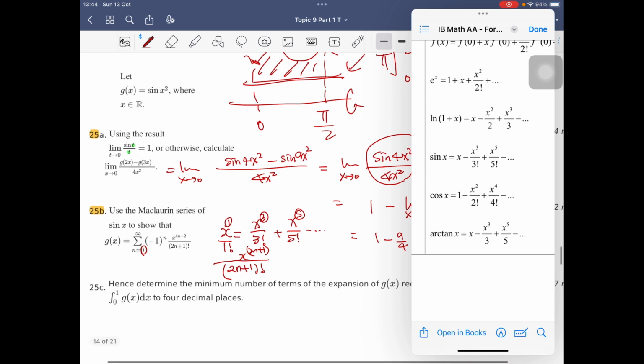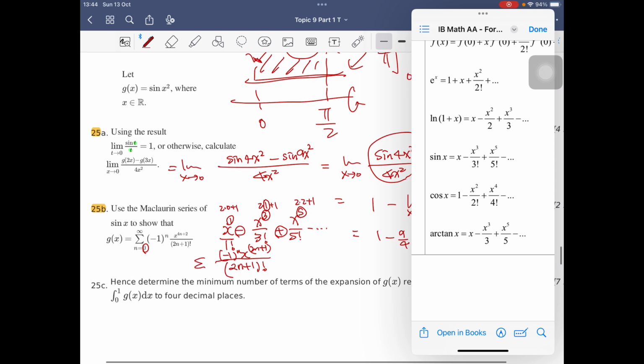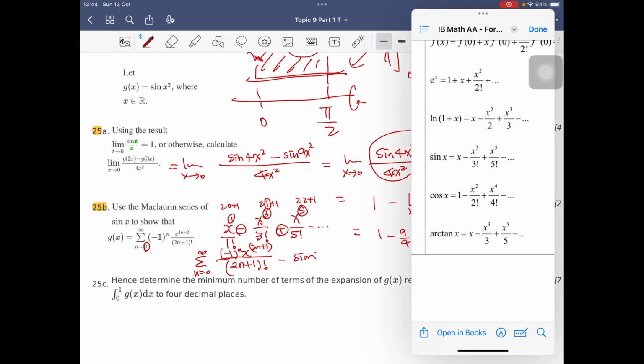And here, we need to make this negative or positive. 2 times 0 plus 1, 2 times 1 plus 1, 2 times 2 plus 1. So when this is odd, we need to make it negative. So this is n, and n can be from 0 to infinity. So this is the series of sine x.